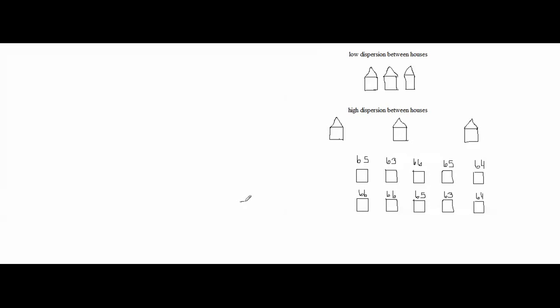You could even see the dispersion if we made a little graph like this. Maybe I'll put each car above its own place on this number line. Maybe I'll just make an X for each car. So let's see, we have one car going 63, so 63 is about right here.